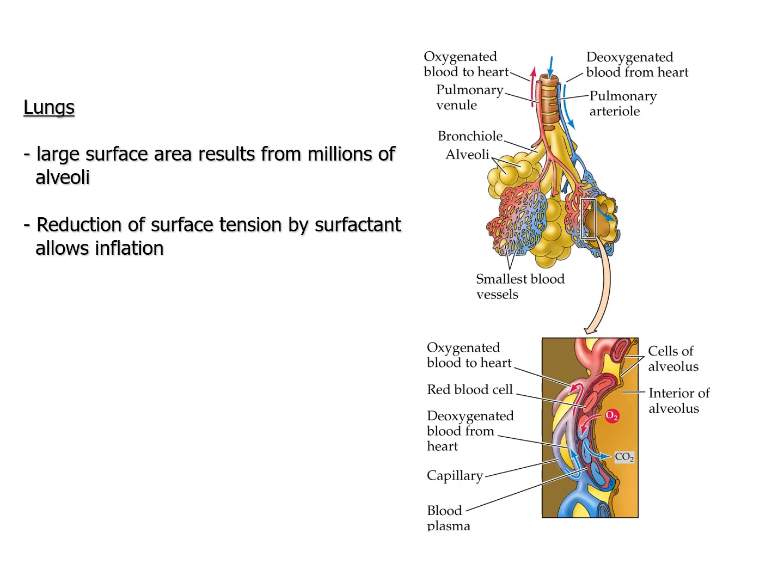The other thing is, not only is there a large surface area from the millions of alveoli in the lungs, and not only is the diffusion path length very thin, but there's also an important feature: a reduction of surface tension in the alveoli by secretion of surfactant from the type 2 epithelial cells, and that allows for much easier inflation.